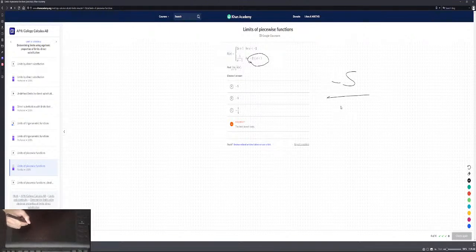-5, 1 over, I've already done this one before. And this one does approach it from the positive direction. This one does approach it from the negative direction. Less than or equal to, greater than or equal to.